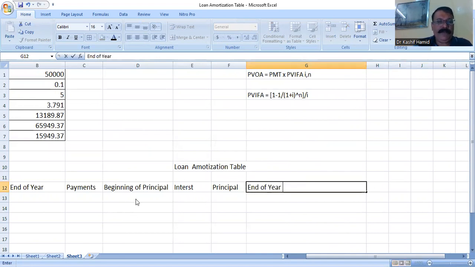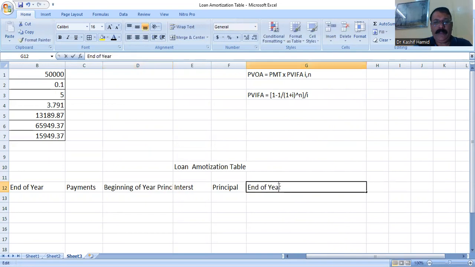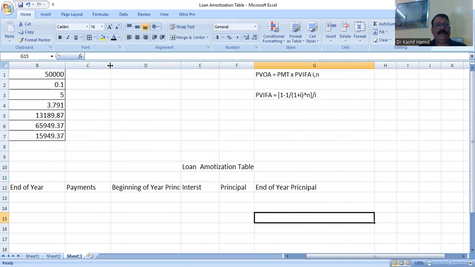Beginning of year principal and end of year principal. So we are computing here.